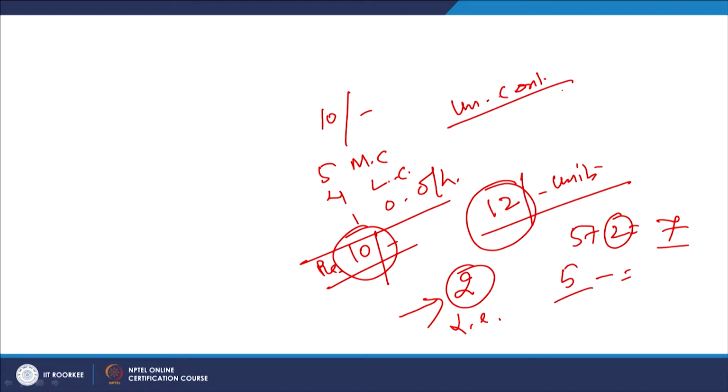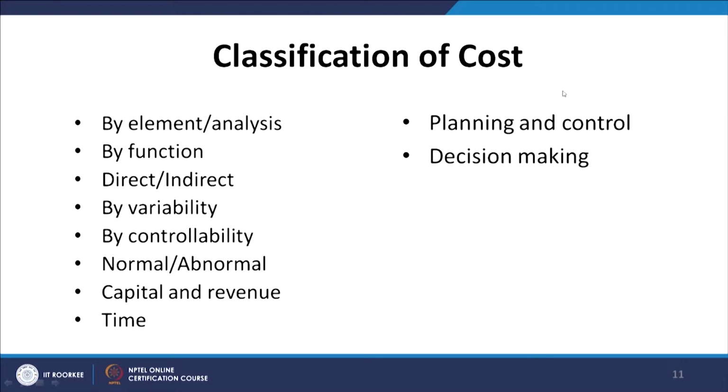So, in this case the costs are bifurcated or known as controllable costs and the uncontrollable costs, normal and abnormal cost. Normal circumstances the cost will be something and abnormal circumstances the cost will be something. Now, for example, we are manufacturing an agriculture product, means any product which is based upon the agricultural inputs.